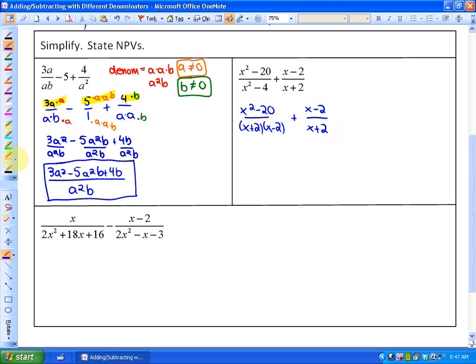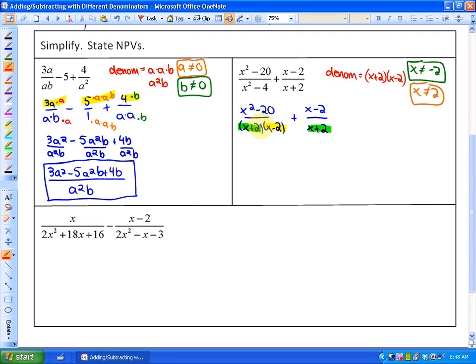In this particular case, we're dealing with two different non-permissible values before we start simplifying. One of our non-permissible values is that x cannot equal negative 2, and our other non-permissible value is that x cannot equal 2. Now we can start making our common denominators before we add, and what you'll notice is that in both cases they both already have an x plus 2, and we can give them both an x minus 2 factor.